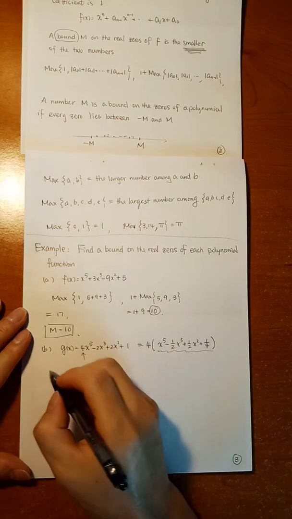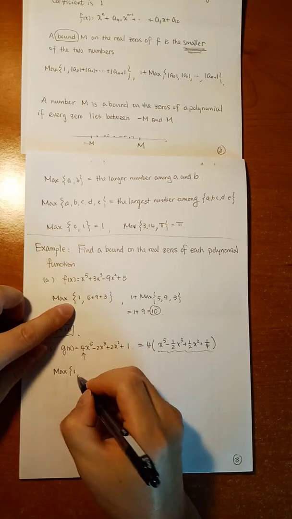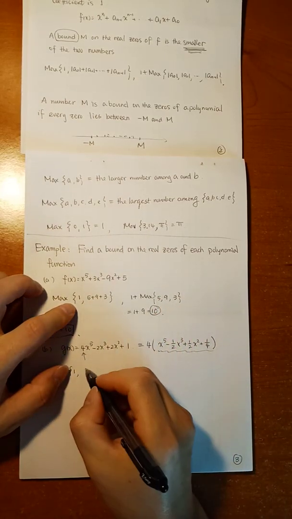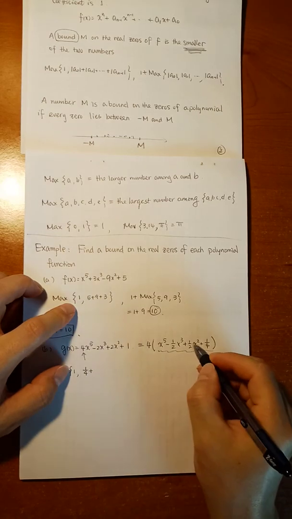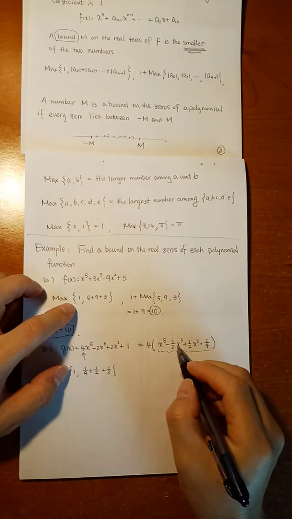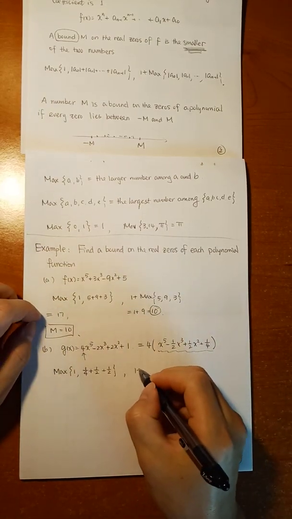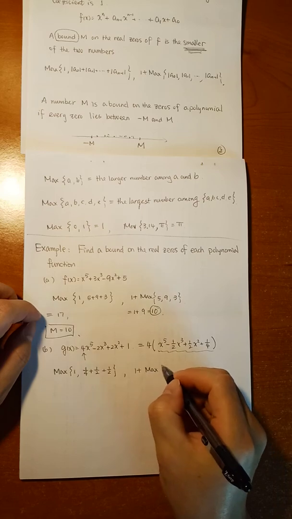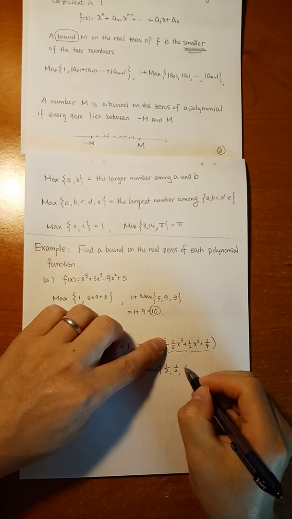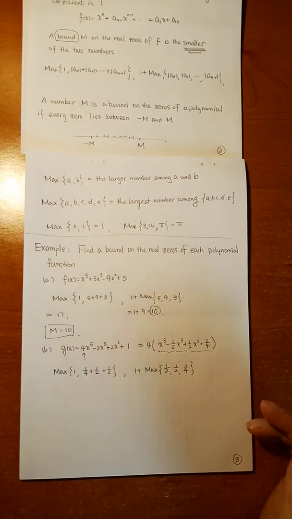For this new polynomial, let's again compute those two numbers. You have the max of 1 and 1/4 plus the others, where absolute value is always absolute value, so you just ignore the sign. The other one is 1 plus the max of 1/2, 1/2, 1/4. Again, it's always absolute value, no negatives.